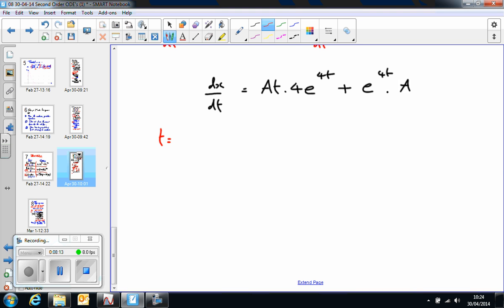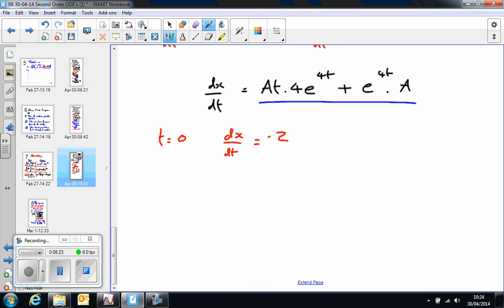Remember now that when t equals 0, the differential is minus 2. I could simplify that, but actually there's not much point because when I put the initial conditions in, t equals 0, so all these terms are going to become 1, aren't they? So I can actually simplify it quite a lot by putting in my t equal to 0.